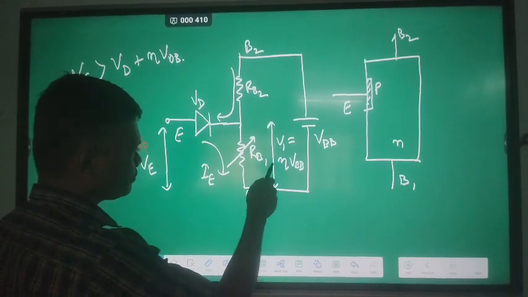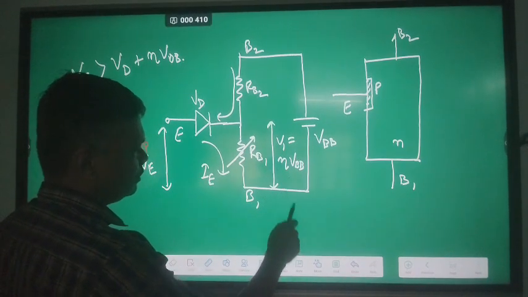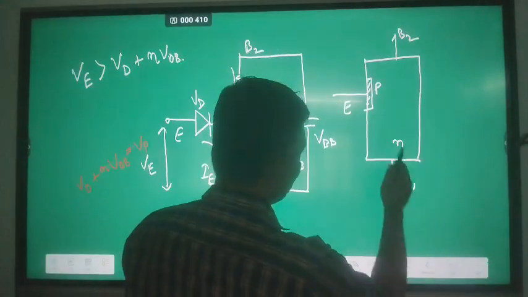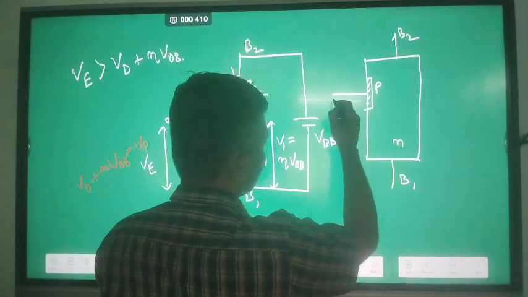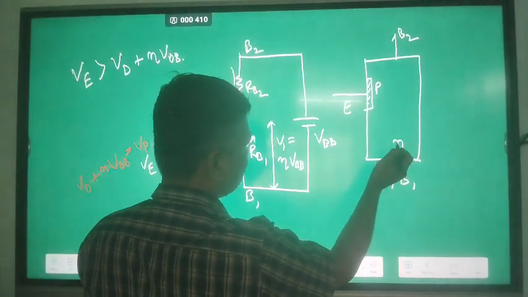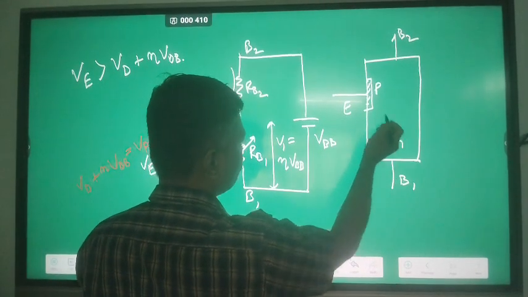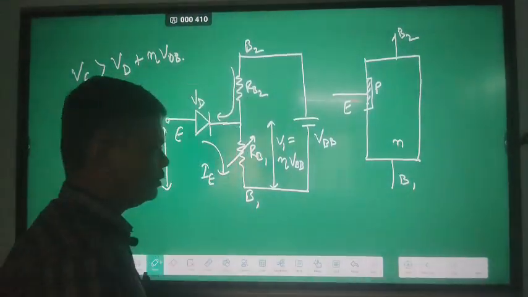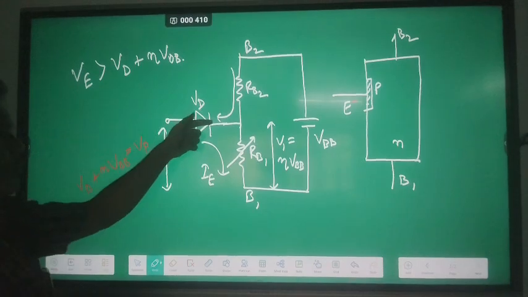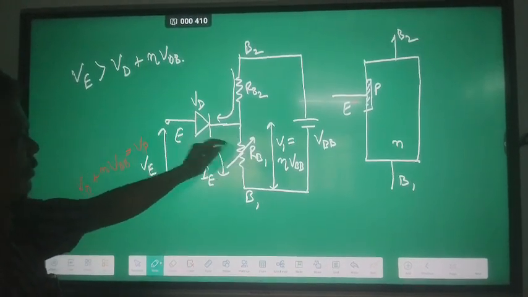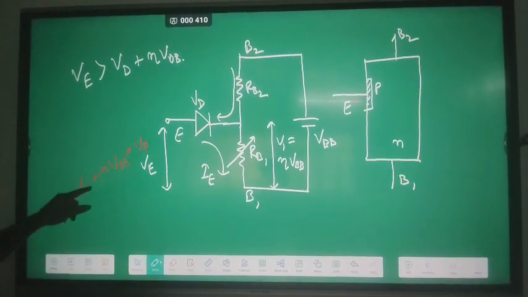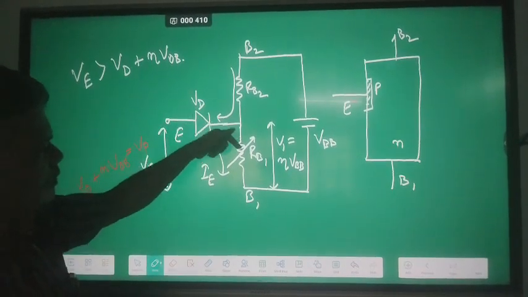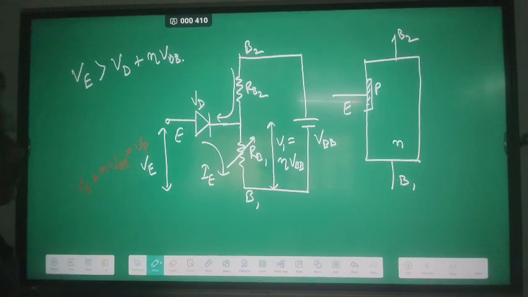Now here, this is the N substrate, so the majority carriers will be electrons. Electrons will move in this direction and holes will be coming into the UJT. So as we increase the voltage beyond VD plus eta VBB, the holes start injecting into the UJT.